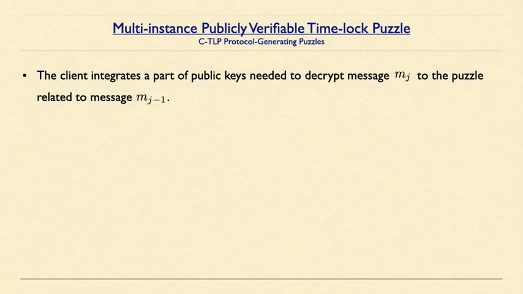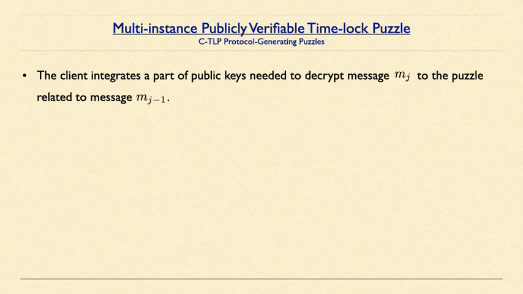Recall that the client has a set of messages M1 up to Mz, where M1 is supposed to be discovered at time F1, M2 is supposed to be discovered at time F2, and finally Mz is supposed to be discovered at time Fz.